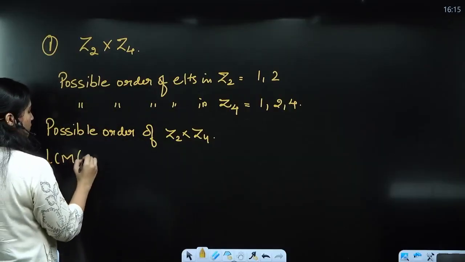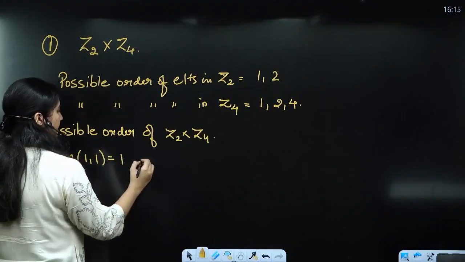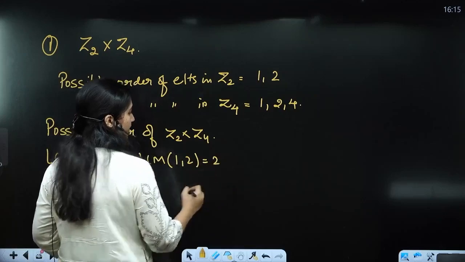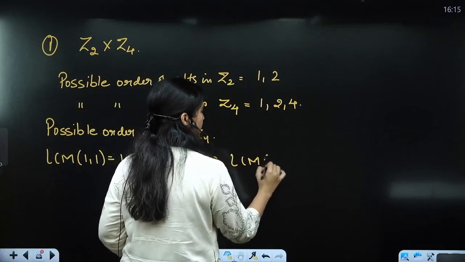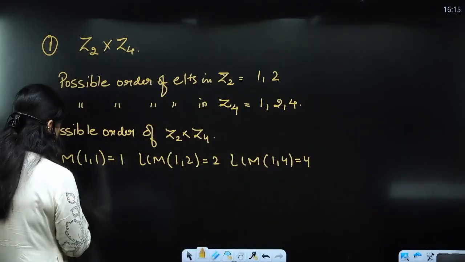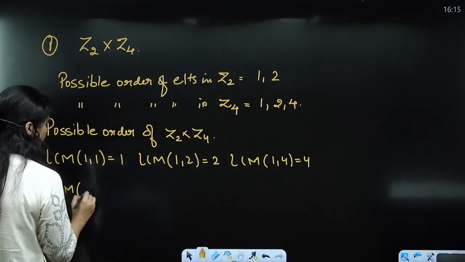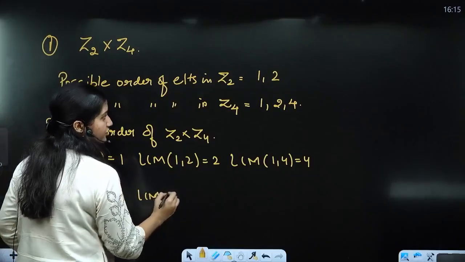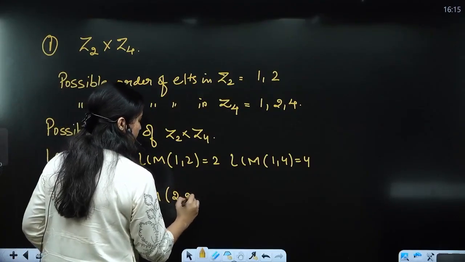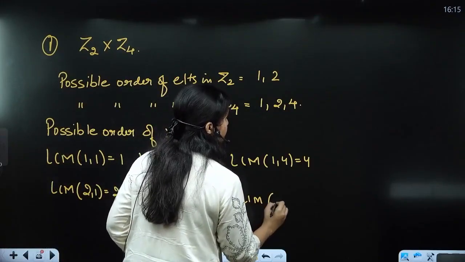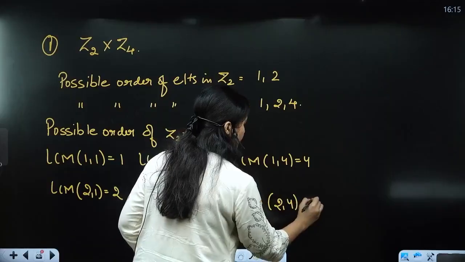LCM of 1 comma 1 is 1, LCM of 1 comma 2 is 2, LCM of 1 comma 4 is 4. Now LCM of 2 comma 1 is going to be 2, LCM of 2 comma 2 is 2, and finally LCM of 2 comma 4 is going to be 4.